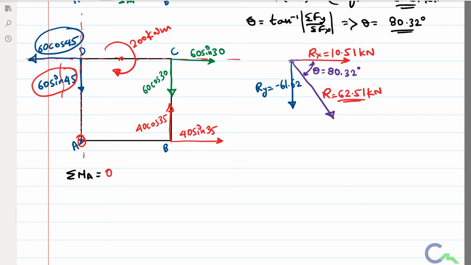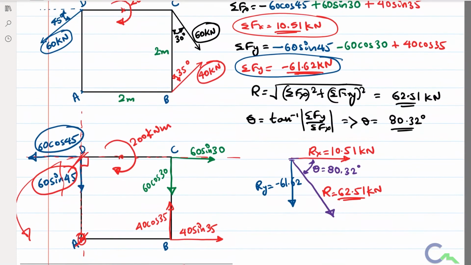The second force: if I take this as center A and this as radius and try to draw the circle, it is going to rotate in the anti-clockwise direction. Therefore I have to take this as minus. Therefore 60 cos 45 into the perpendicular distance, that is the distance from here to here, which is 2 meter.